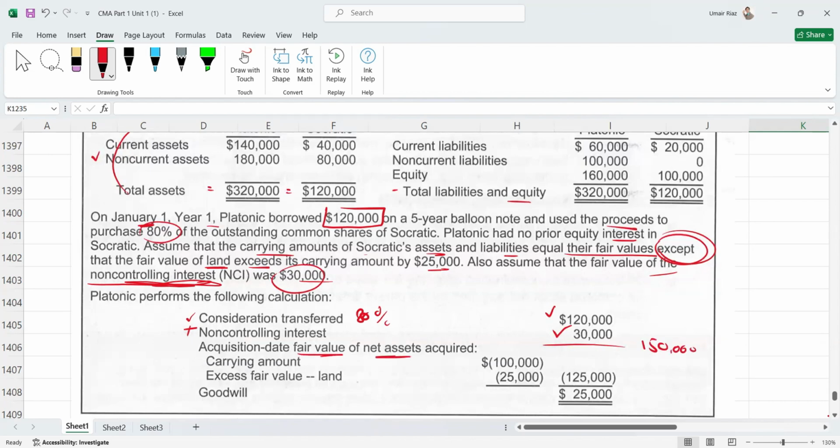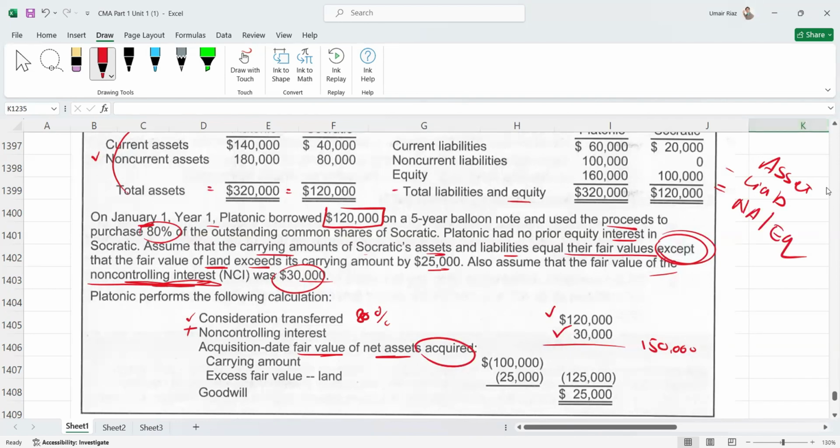Fair value of net assets. For net assets, we need the value of assets and the value of liabilities. Assets minus liabilities equals net assets, and net assets are also called equity. We need the net assets acquired of the subsidiary.